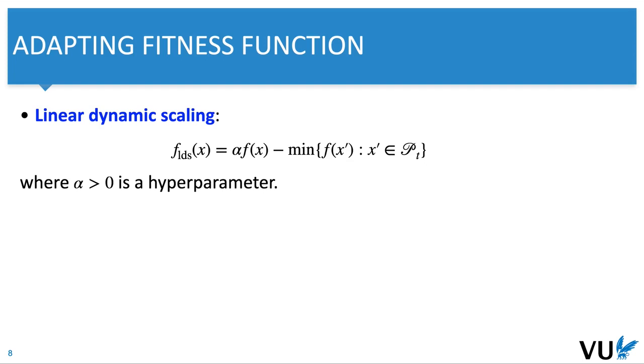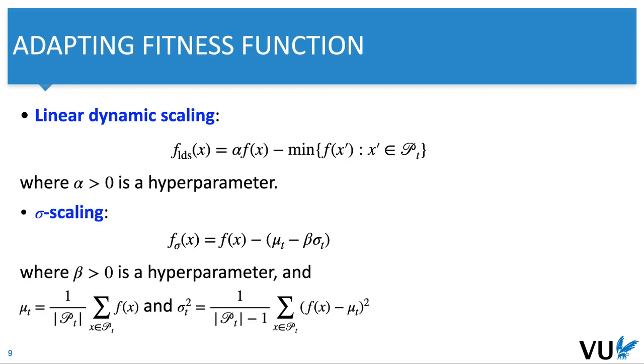If a lot of values are similar, then by subtracting this minimum, there is at least a chance that these differences will become larger. Some points will be very low, but some others will be larger. Or if there are values that are very different, we can again modulate it because we also have this alpha hyperparameter.